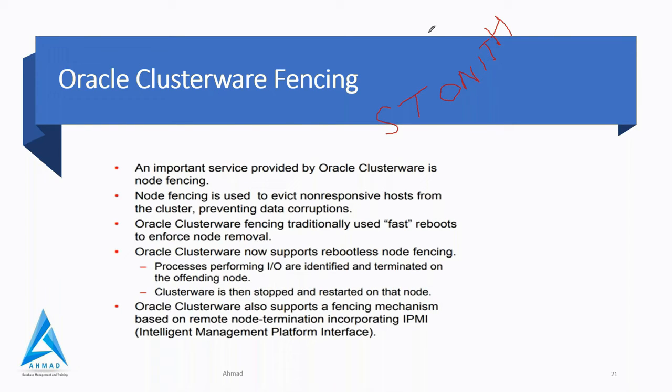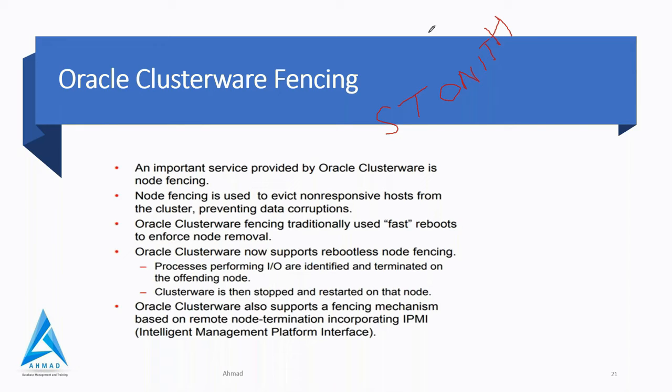So the IO generating processes are killed, and Oracle Clusterware ensures that those processes are completely stopped before continuing. Okay, so if all resources can be stopped and all IO generating processes can be killed, Oracle Clusterware will shut itself down on the respective node, but will attempt to restart after the stack has been stopped.